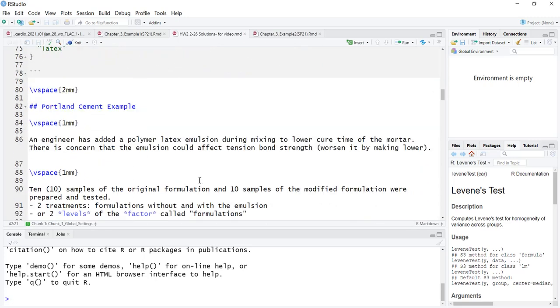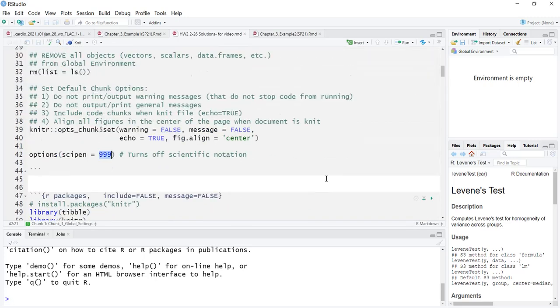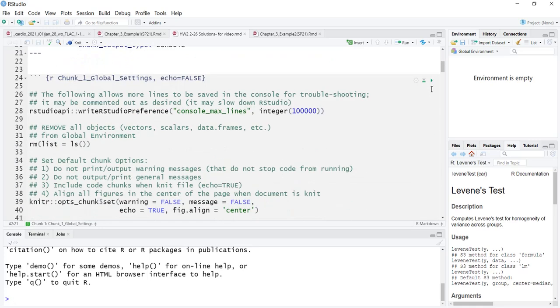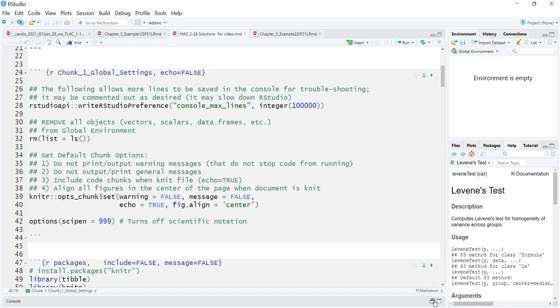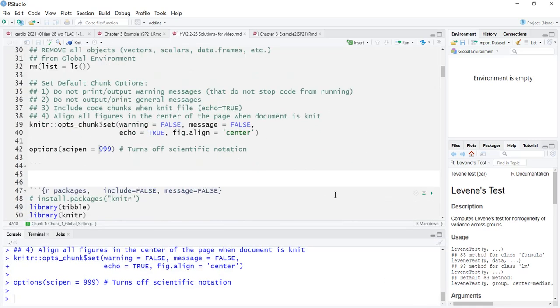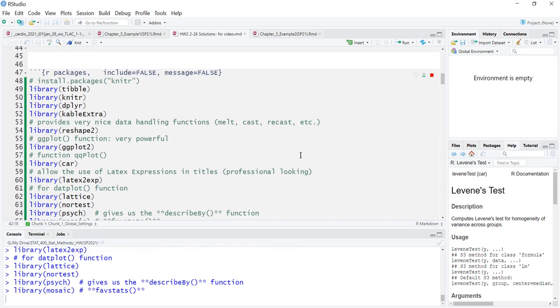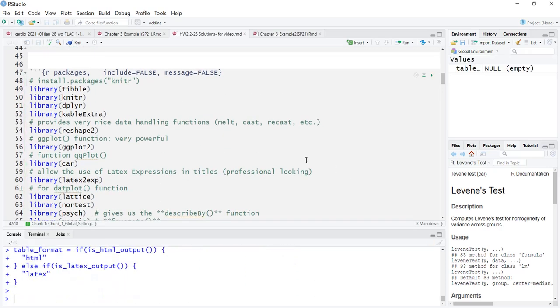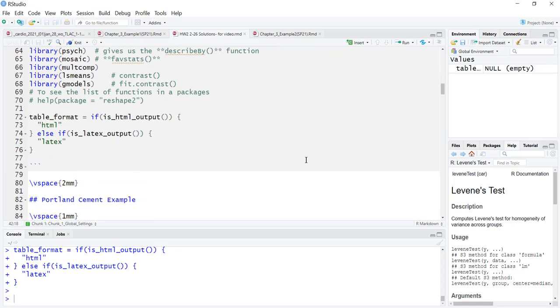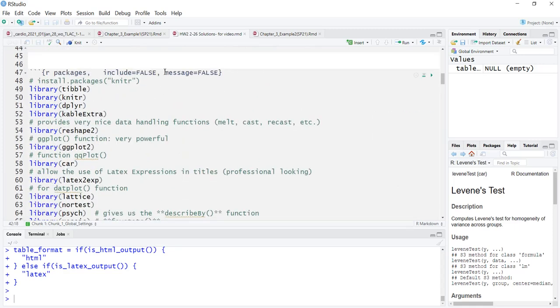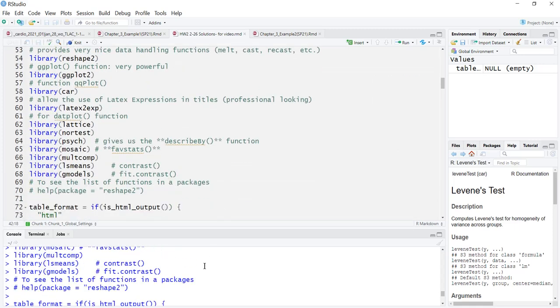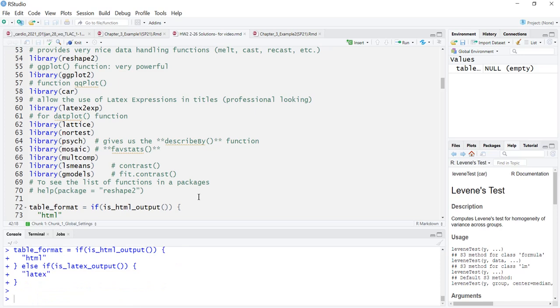So what I'm going to do is run first this first chunk, and then I'm going to unminimize my screen, and then I will run the second chunk, which has all these library things, and I've told it to include false message false, and so interestingly I didn't see any messages there.